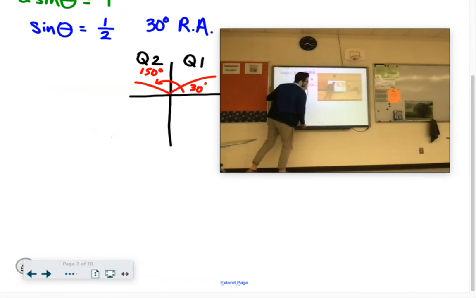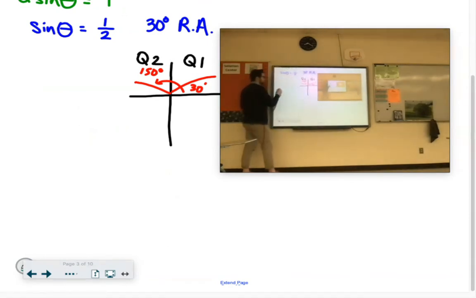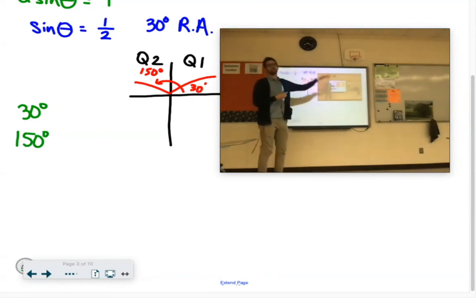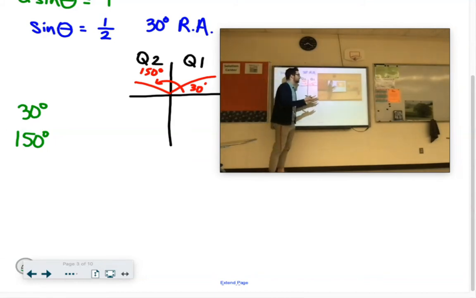So let's just list those first for a second. 30 degrees, 150 degrees. But it also includes every angle coterminal with those. So if we're talking coterminal angles in degrees, that would be like another 360.